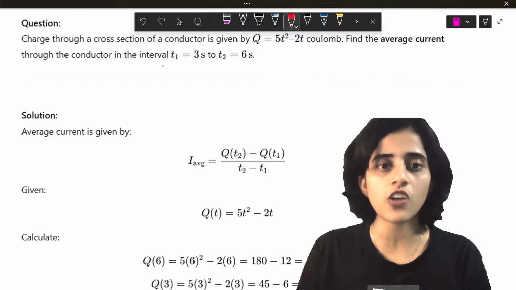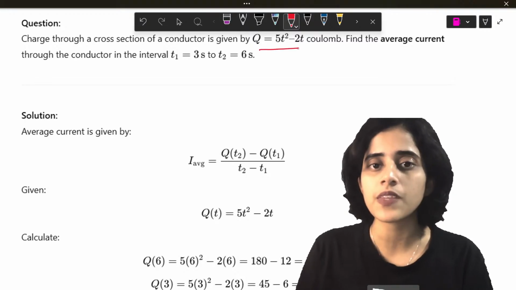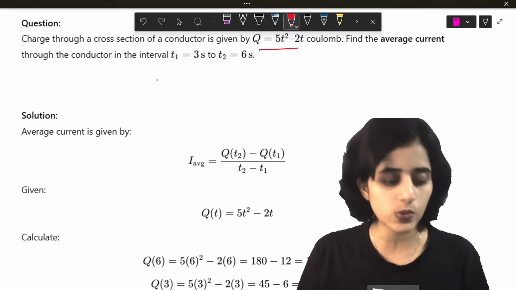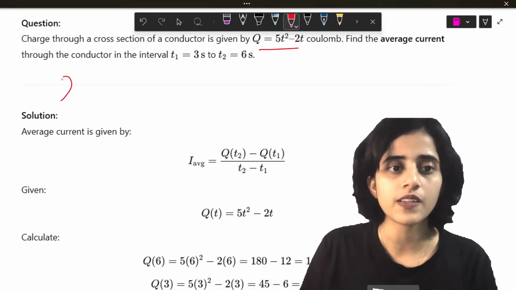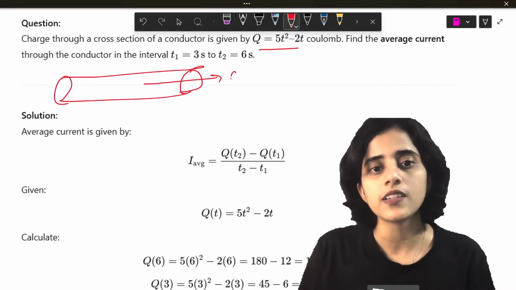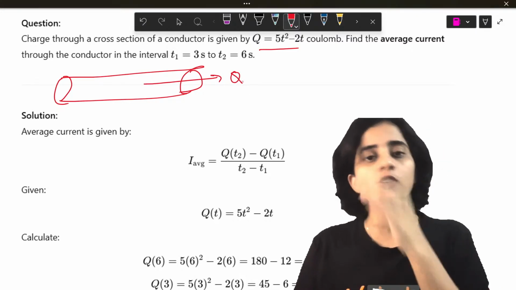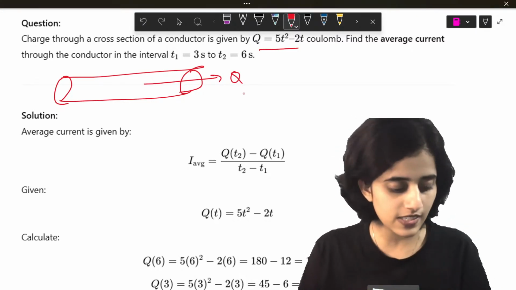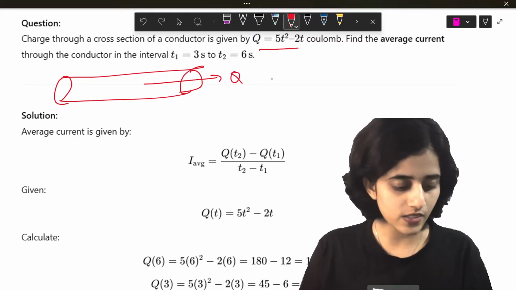Charge through a cross section of a conductor is given by Q equal to 5t square minus 2t. So this is a conductor, through which charge Q is moving and the value of charge Q is 5t square minus 2t.